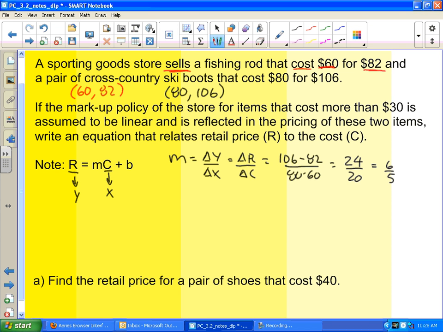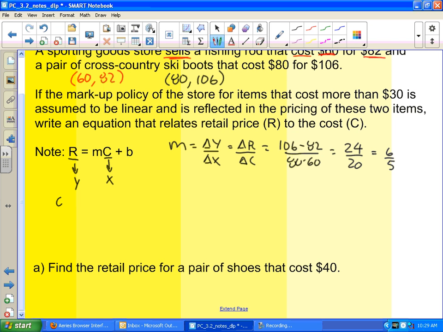There's my slope. And then I'm going to plug them back in using one of those 2 points to come up with my equation. I don't have my equation yet. All I have is the slope. So I either use (60, 82) or I use (80, 106) and set up point slope. So we're going to use (60, 82).